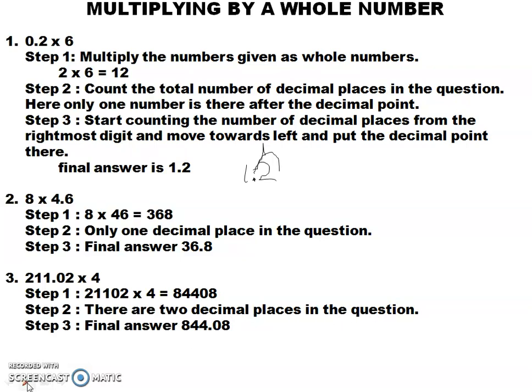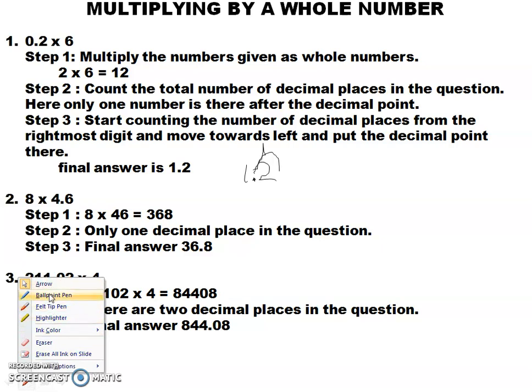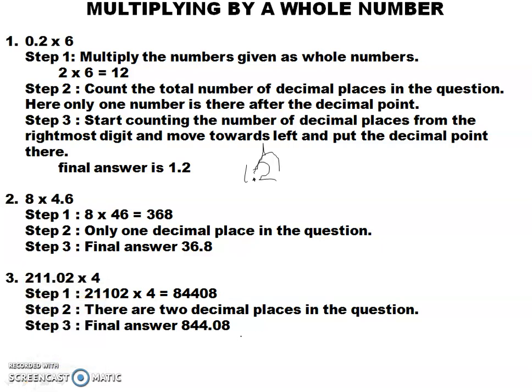So, if I write 8, 4, 4, 0, 8, I'll start from the right side.